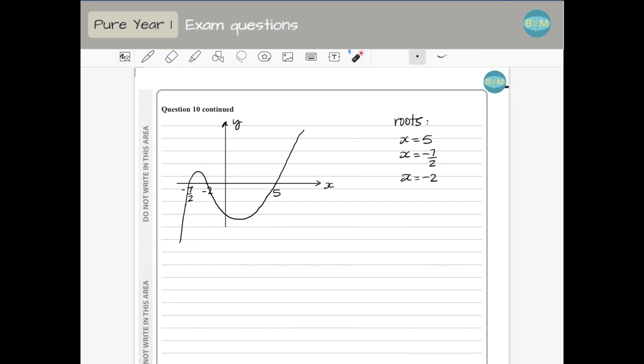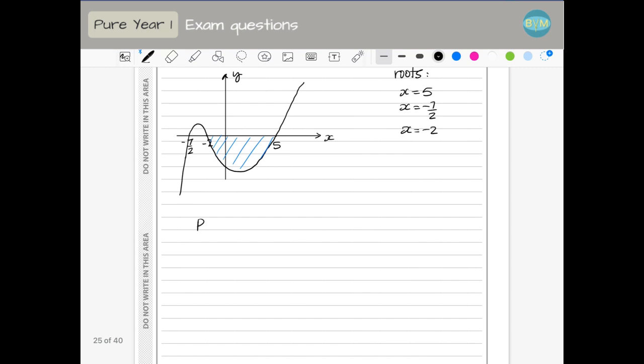They are asking me the negative, or the area that is below the x-axis. Yeah, so it means this area here between minus 2 and 5, and those are my limits of integration. So my area R, they call it R, is the integral between minus 2 and 5.